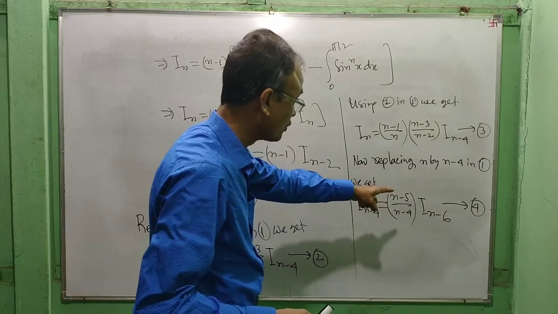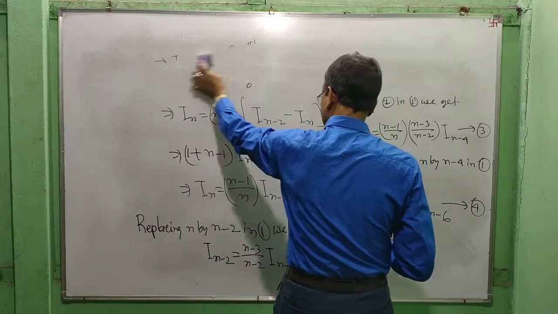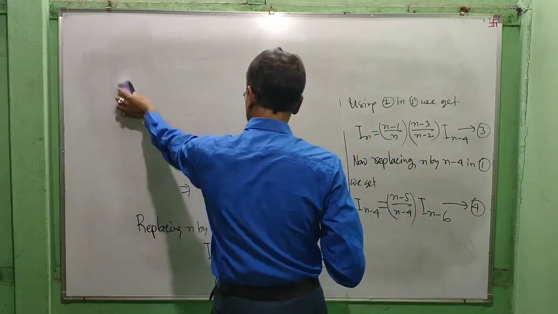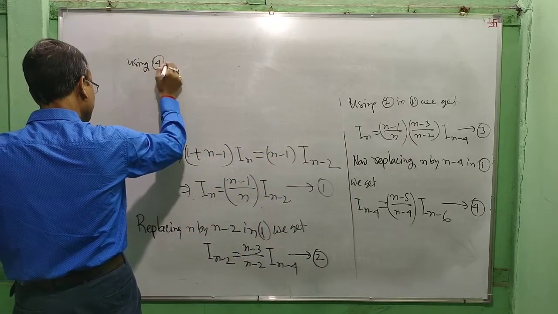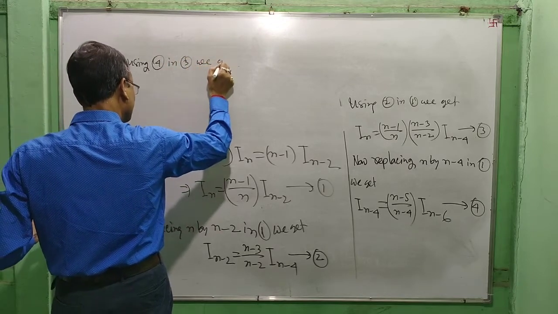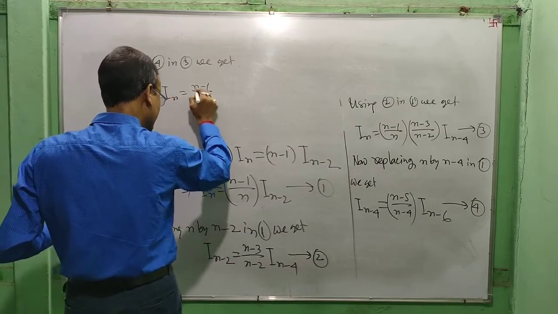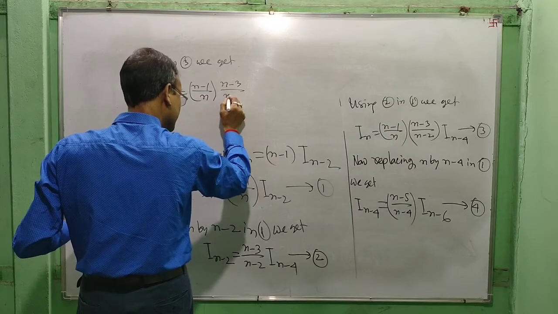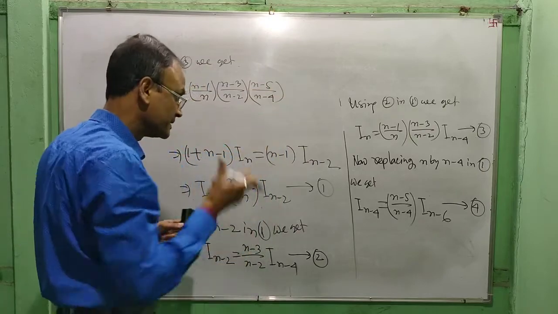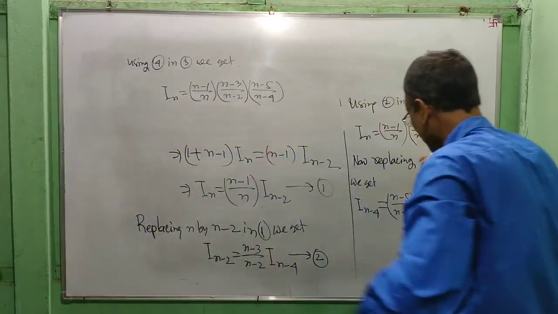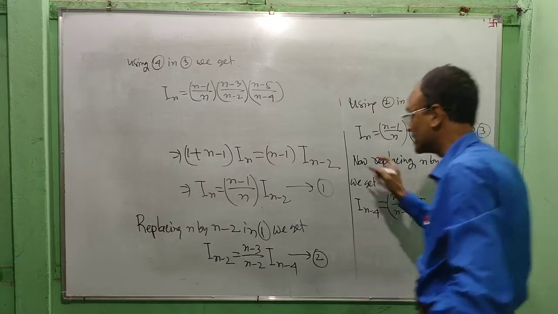Now, using 4 in 3, we get In equals n minus 1 by n, n minus 3 by n minus 2, n minus 5 by n minus 4, In minus 6.